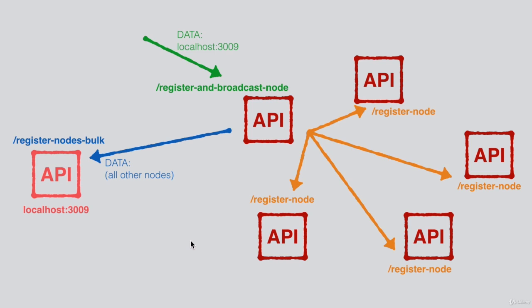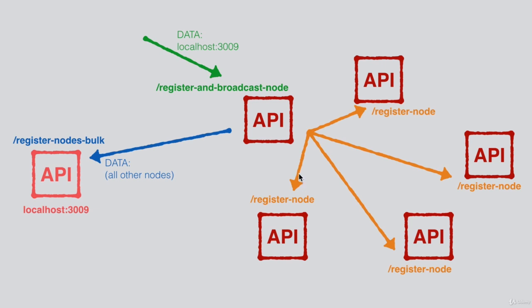So from top to bottom, let's run through this one more time. The first thing that we're going to do to add a new node to our network is hit the register and broadcast node endpoint of one of the nodes inside of our network. This endpoint will register the new node's URL with itself, and then it will broadcast that new URL to all the other nodes in the network.